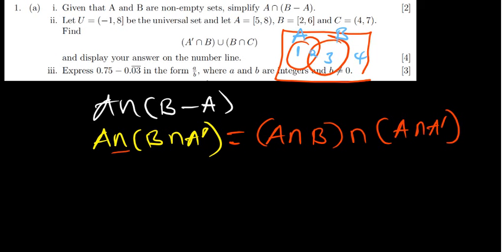If I start with A intersection A complement, what is A intersection A complement? Which numbers can be found both in A complement and in A? Can we have a number which can be in A complement and in A? Is it possible?